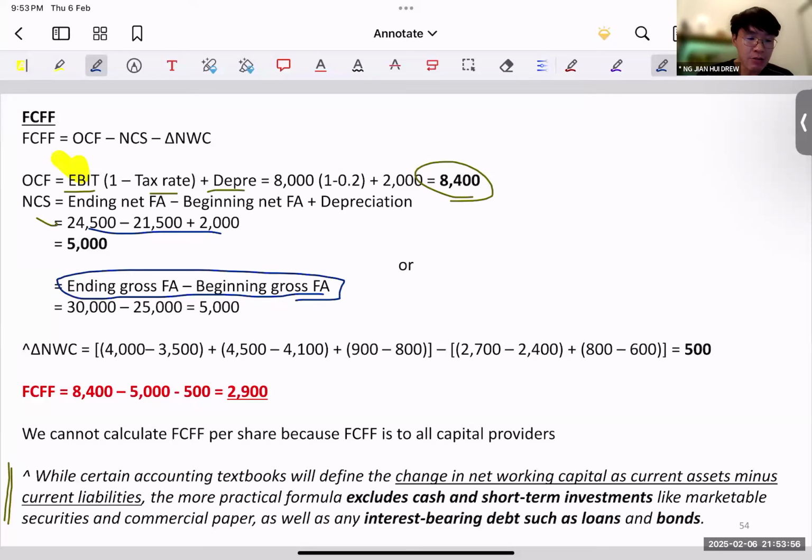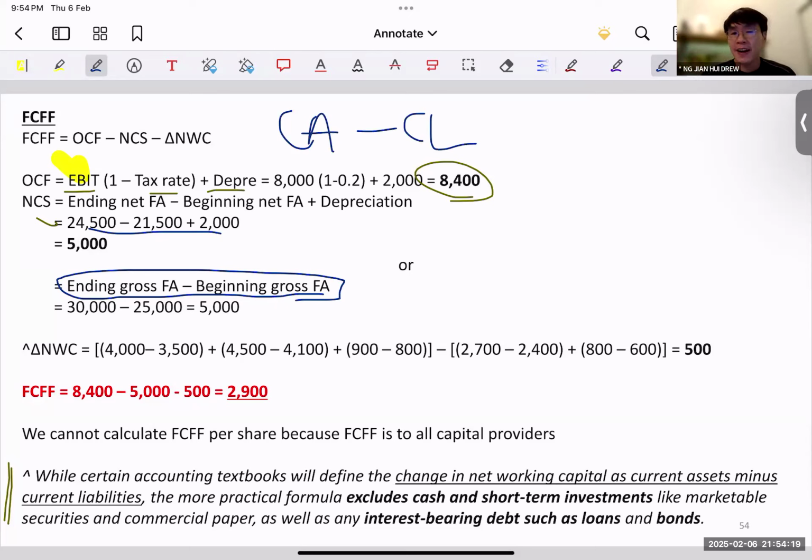Last but not least, I calculate my net change in working capital. So at this point, what we mentioned when we talk about change in net working capital is that the idea of CA minus CL purely is a very accounting concept, right?